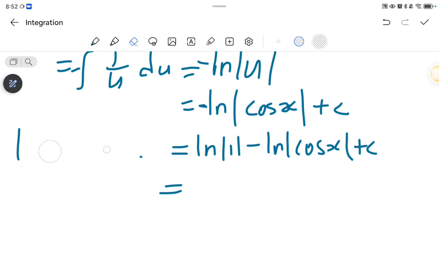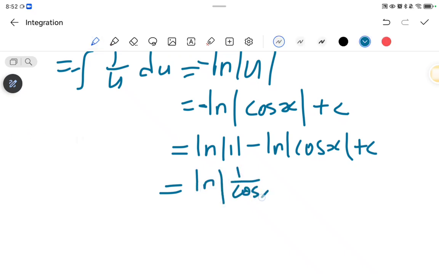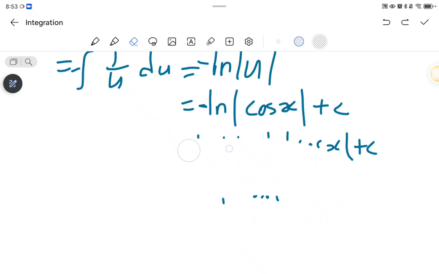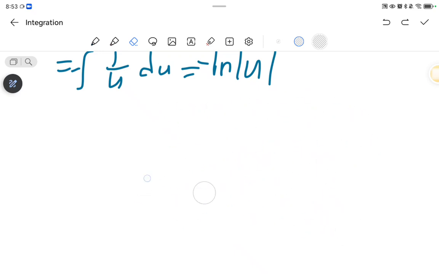So this is the same thing. So this will be ln of 1 over cos of x, which is ln of sec x. I prefer that we only stop here at cos. We stop there, right? I prefer that we stop there.